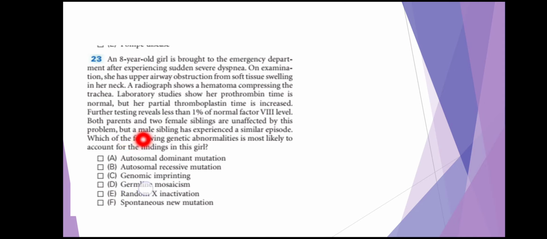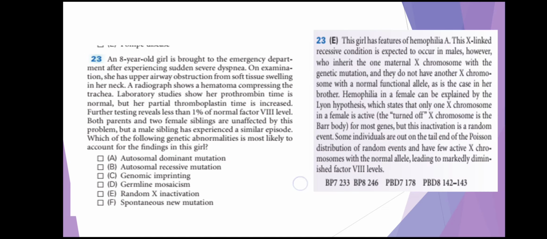So the genotype will be defective, and the daughter has got one defective gene from a parent, and she has experienced the lionization of the other normal X chromosome. That's why she is manifesting this disease. So there is inactivation of the X chromosome. So in option E, there is random inactivation of the other X chromosome known as lionization.